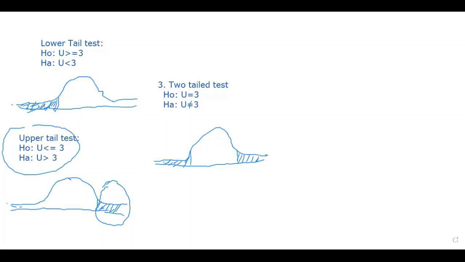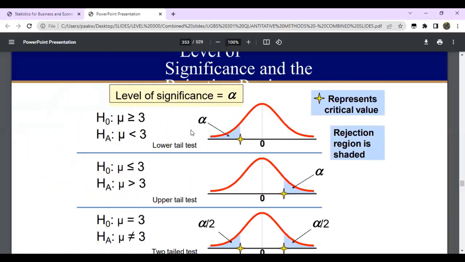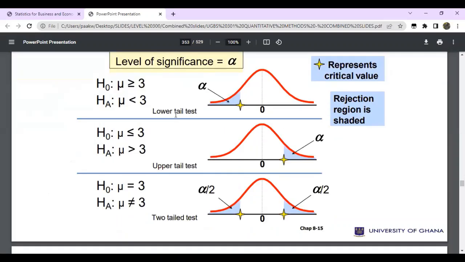Let me go back to the slides. As I said, this is our shaded region. You get it? And you call this one the level of significance. So that's what you represent by the alpha value. Then your critical value will be here, this star. So the star represents the critical value, and the shaded region is the rejection region.